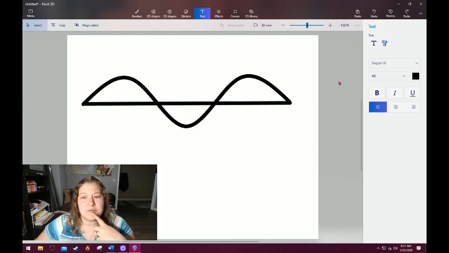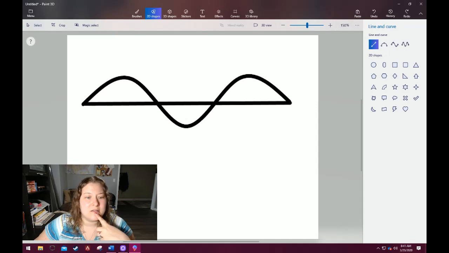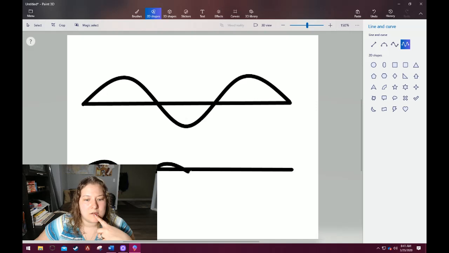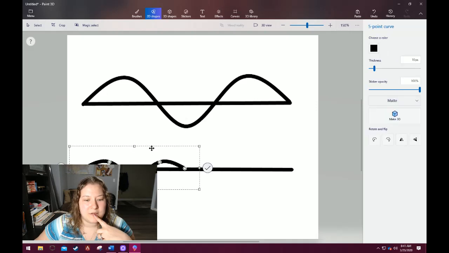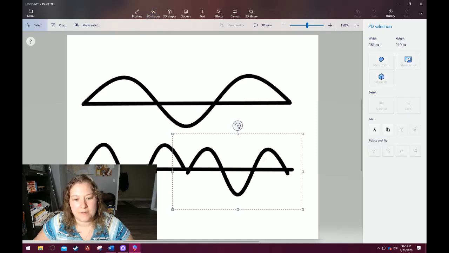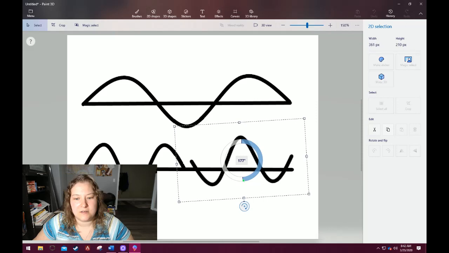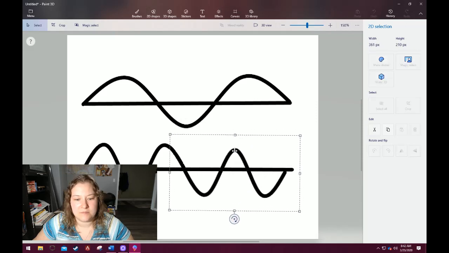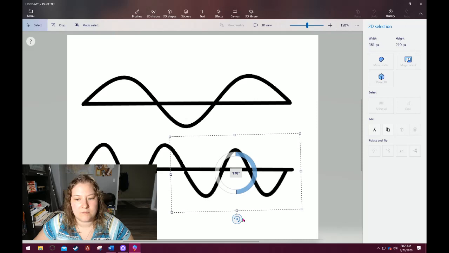So if we take the same line, and we put double, let's rotate it so it makes a proper wavelength. There we go, 180.